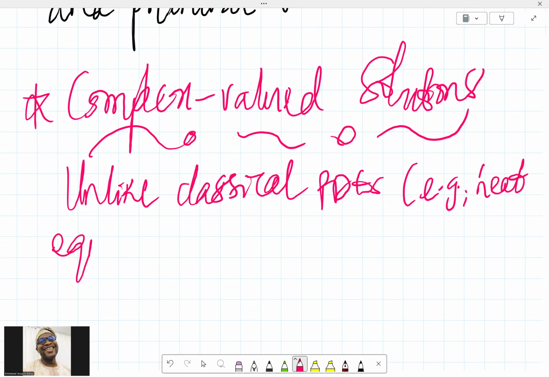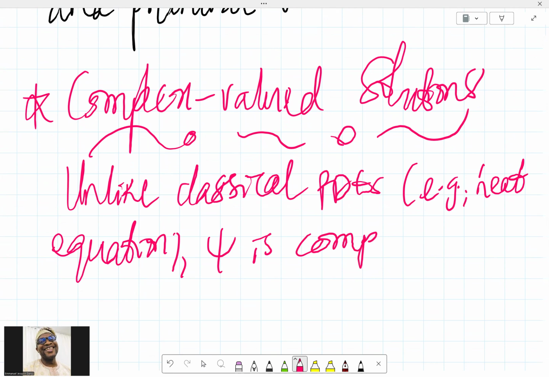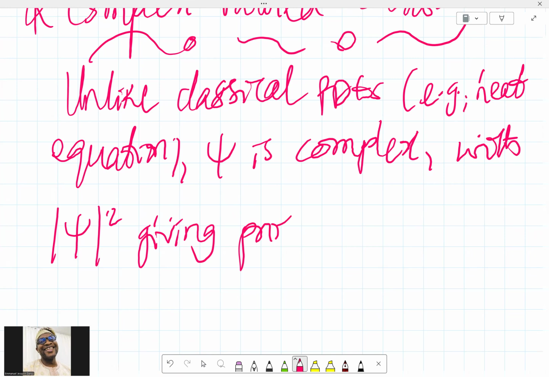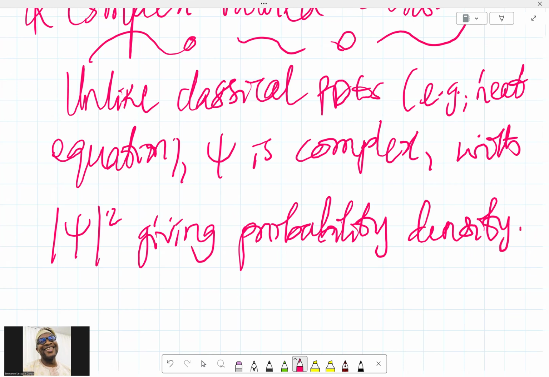Unlike classical PDEs like the heat equation, psi is complex, with the absolute value of psi all squared giving probability density. Okay, that is the Schrödinger equation as a partial differential equation.